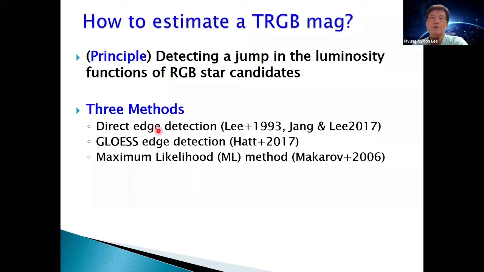First one is the direct edge detection method, which I started using long ago, and even today this is still popular. But there is also an improved method, which is called Gaussian edge detection. And at the same time, a different line of method based on the maximum likelihood method has been used, which I'm going to introduce, each of these.